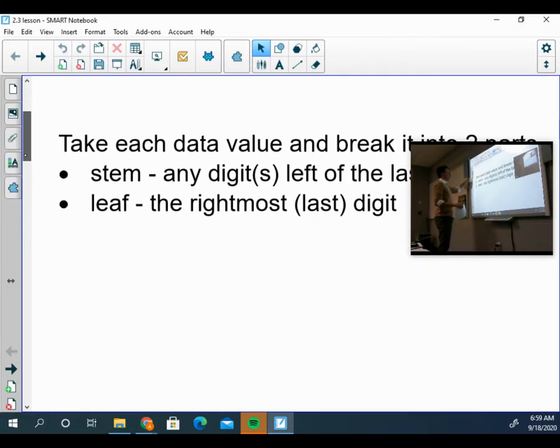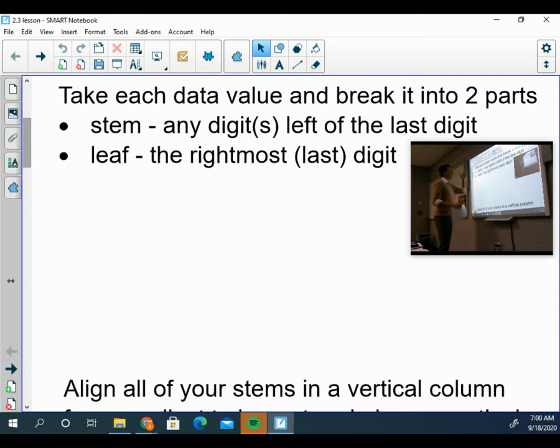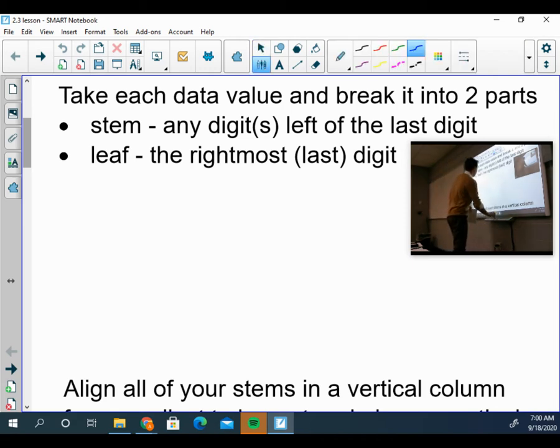So what does that actually flush out to be? What are we looking at for each part? We're going to take our data values and we're going to break them into two parts. The stem will be any digit left of the last digit, and the leaf is going to be the right or the last-most digit. What do I mean here? Well, a couple examples. Let's say the number 23. How would that look in a stem and leaf plot?